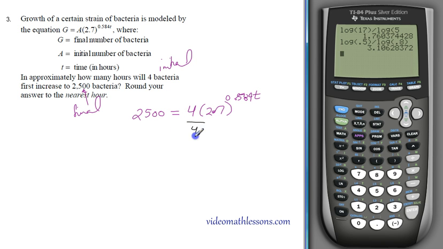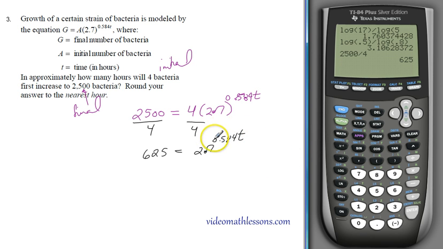So I'm going to divide by 4, both sides. So we get 625 equals 2.7 to the 0.584 T.